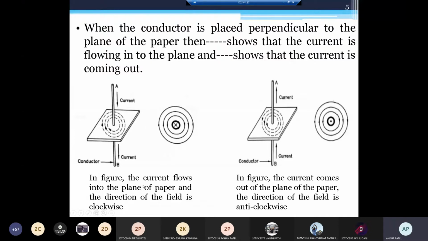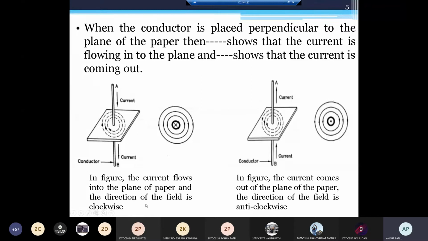Here it is written: the current flows into the plane of paper and the direction of field is clockwise. So when the cross mark is there, meaning current is coming in, the field is in the clockwise direction. If the dot mark is there, meaning current is coming out of the plane of the paper, the direction of the field is anti-clockwise.